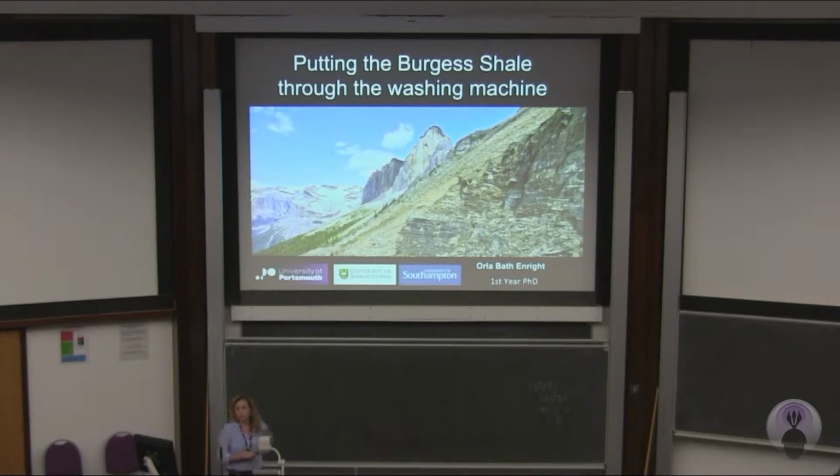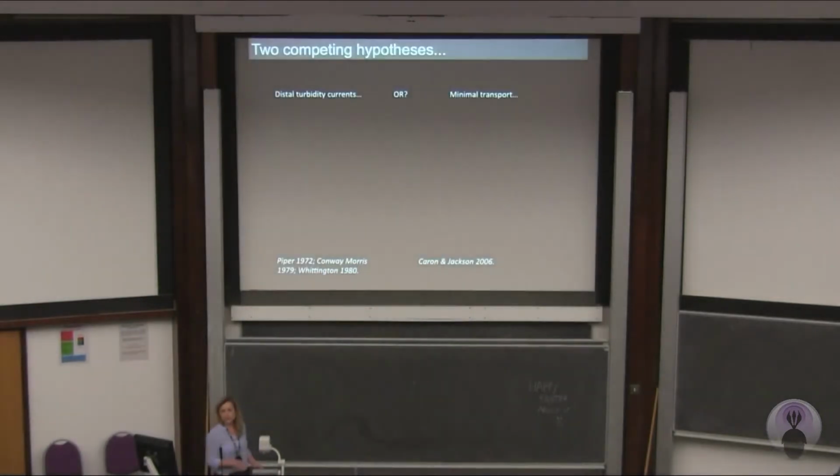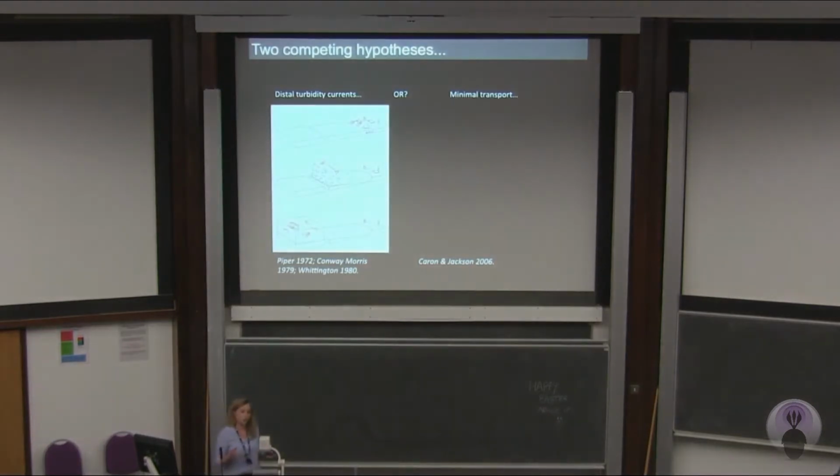So with the Burgess Shale fauna, there's 2 competing hypotheses on how the transport involved the entombment of these organisms. It was first originally interpreted as distal turbidity currents, in which the creatures were caught up in a cloud of sediment and then transported downslope from one environment to another and deposited, buried within this cloud of sediment.